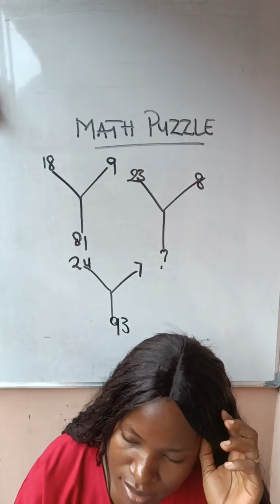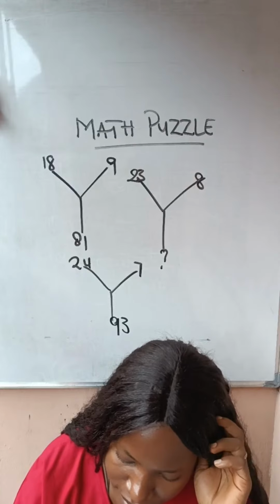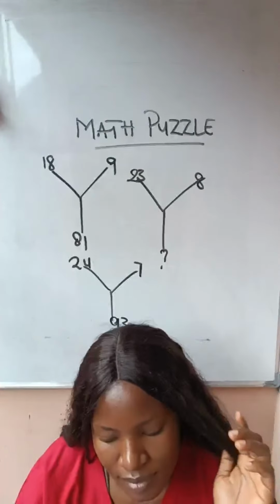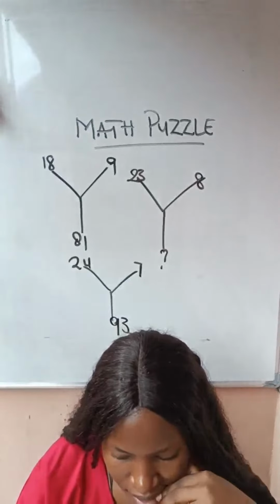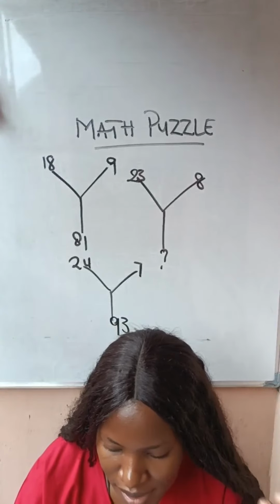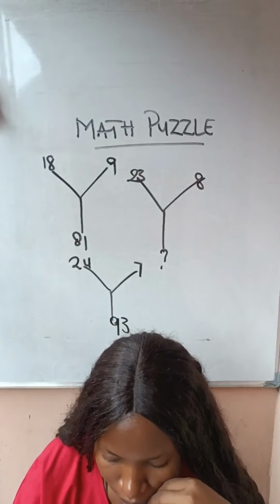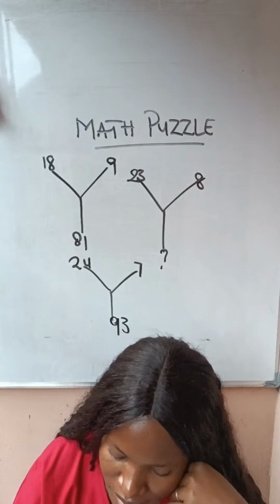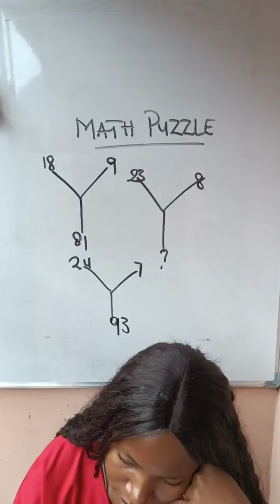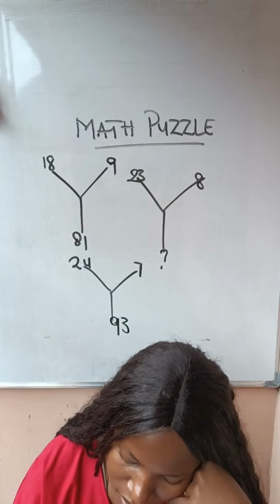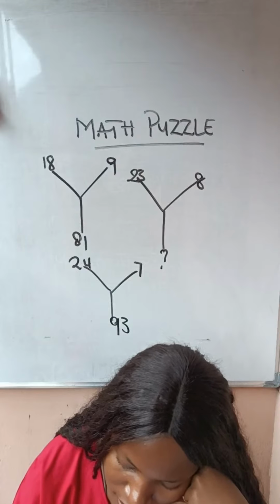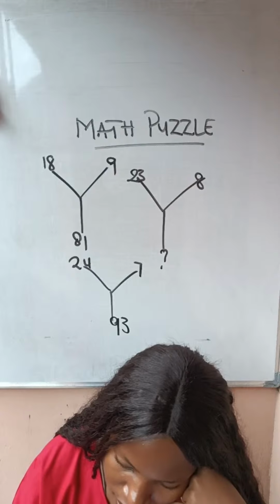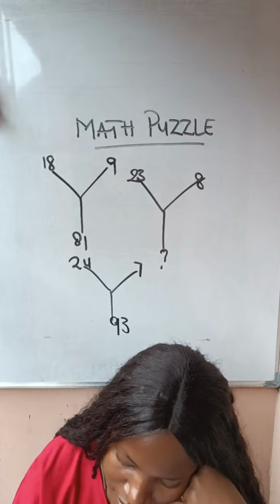More answers. Find the missing number. Chance is saying 24, 7 is 93 and 23, 8 is also 93.